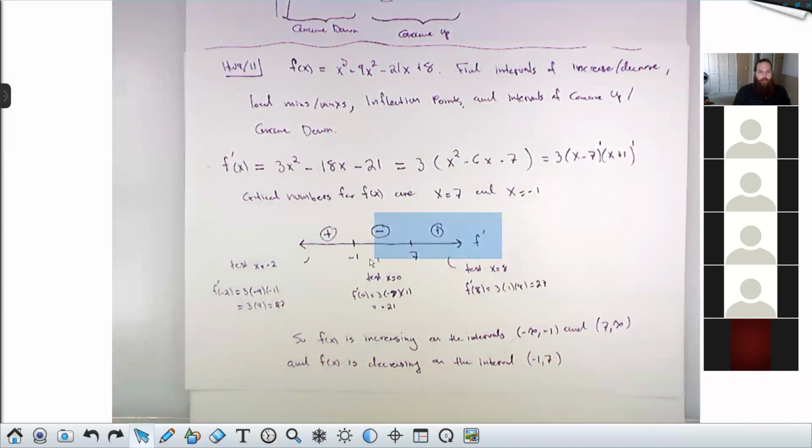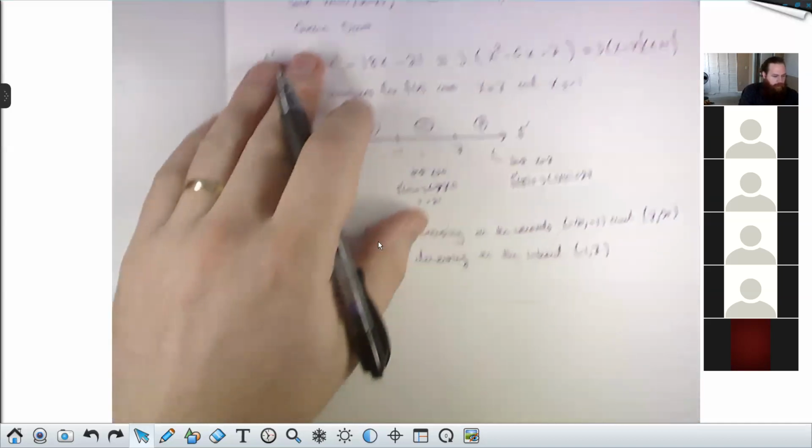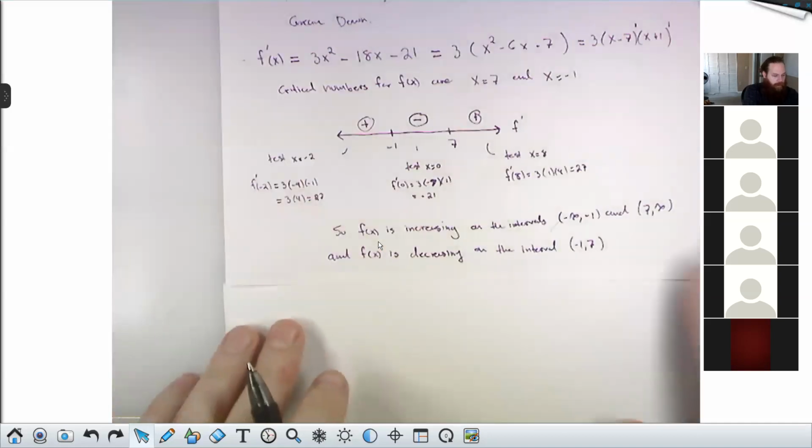This is called the first derivative test. And not only does it tell us where the function is increasing and decreasing, it also tells us what happened here at -1 and what happened here at 7. If f goes from increasing to decreasing at -1, I want you to imagine what happens at -1.